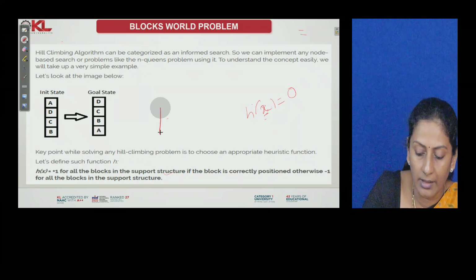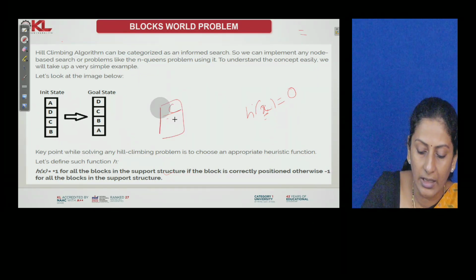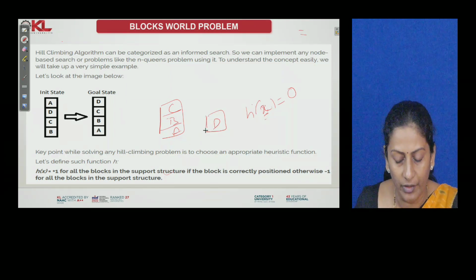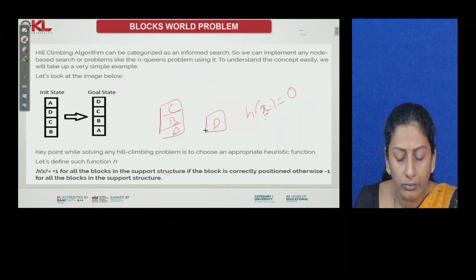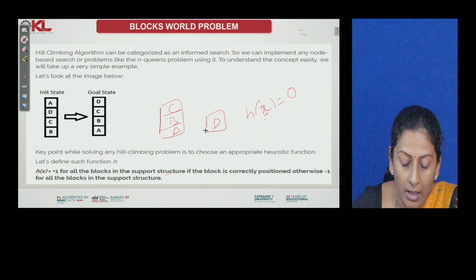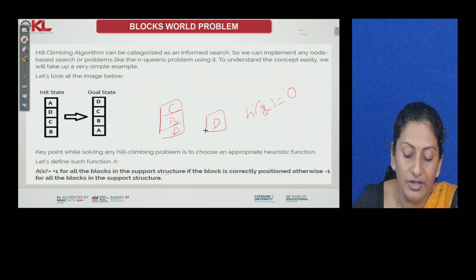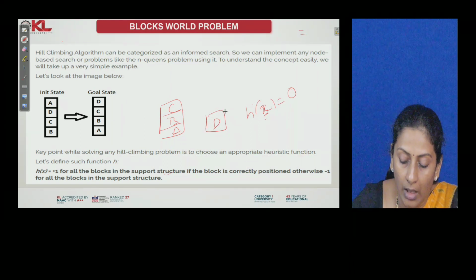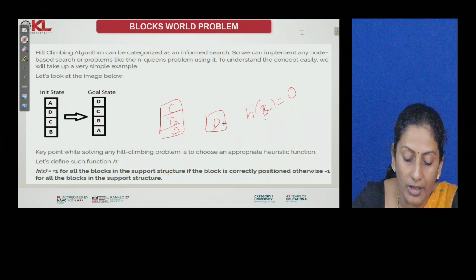I will write it once again so that you clearly understand. My current state will be C, B, A, and I placed D on the floor, right? Now in the current state I have to consider each and every block. First I consider block D. I should compare block D with the goal state.